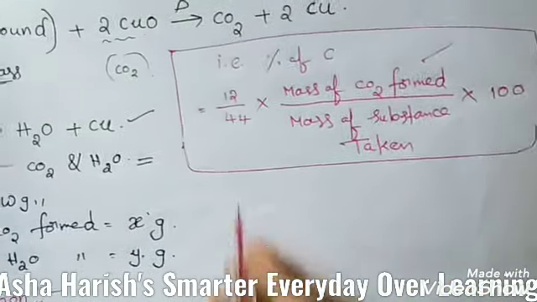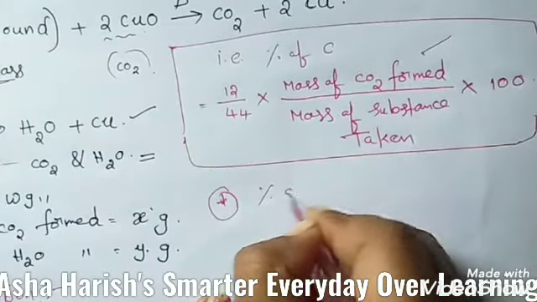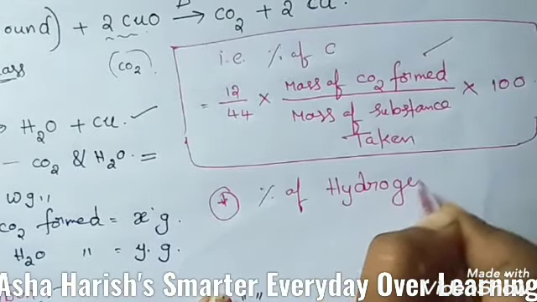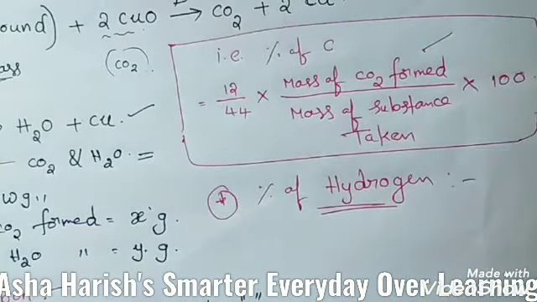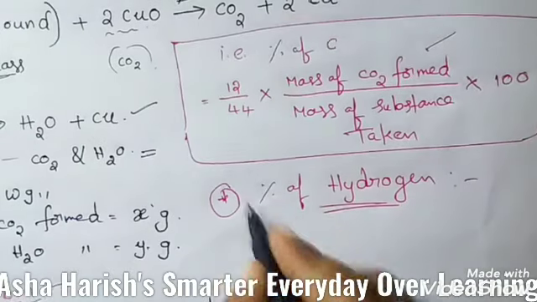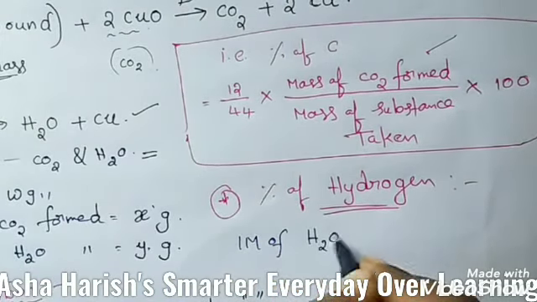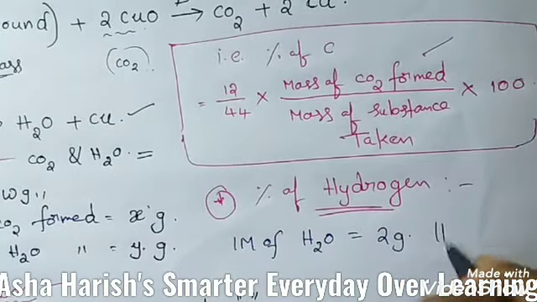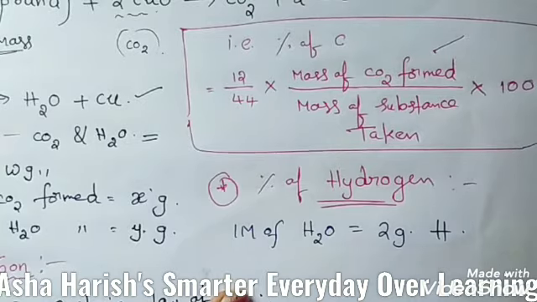Now let's see the percentage of hydrogen, like this only. You know very well, 1 mole of H2O contains 2 gram atoms of hydrogen, because H2O has 2 atoms of hydrogen.